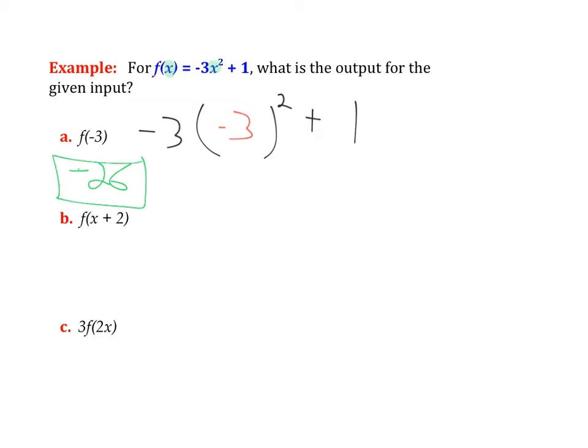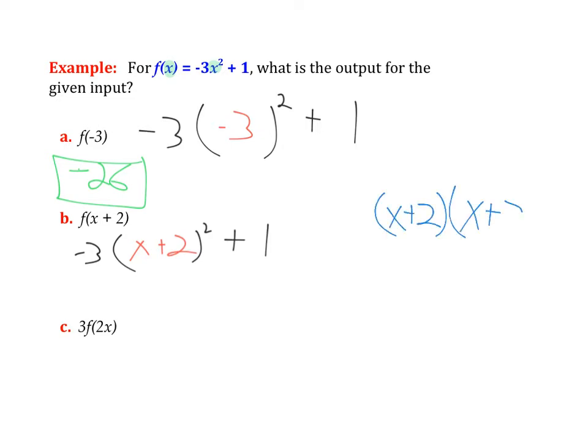Second one's going to be a little bit troublesome because I've got -3 times x plus 2 quantity squared plus 1. So I need to figure out first, what is x plus 2 quantity squared? Well, x plus 2 quantity squared, that's x plus 2 times another x plus 2. So if I did some distribution, or if you guys learned it as foiling, whatever, I would get x squared plus 4x plus 4.